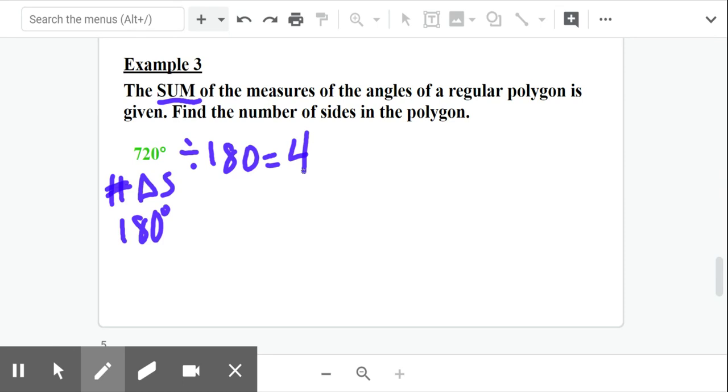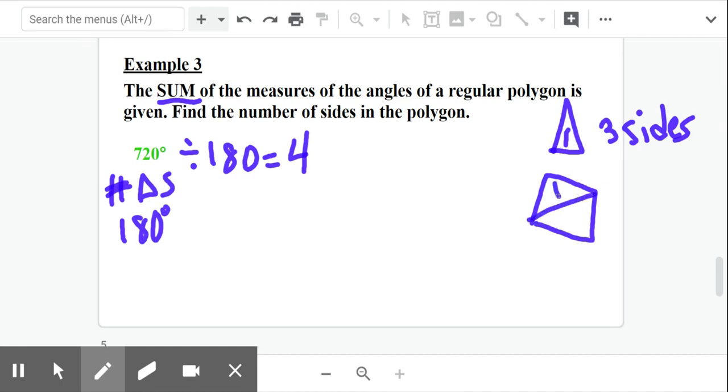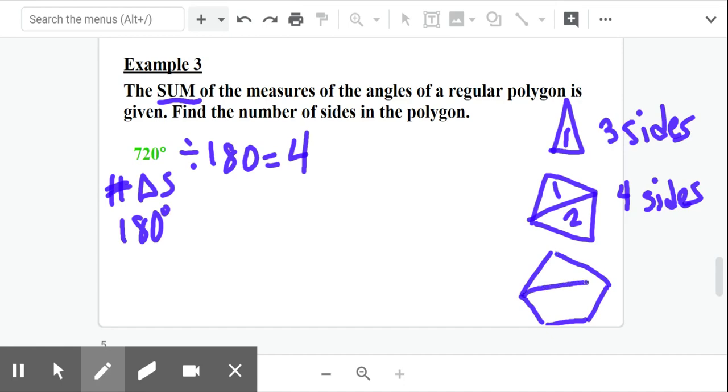Now, let me just give you an example. If I have a triangle, that's one triangle, that means that I have 3 sides. And if I have a quadrilateral, that's 2 triangles, that means that I have 4 sides. And if I have a 5-sided shape, a pentagon, I have 3 triangles, and that means that I have 5 sides. So notice that to get from the number of triangles to the number of sides, I have to add 2.